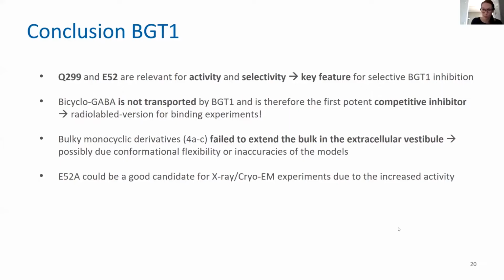So we already have a collaboration, and this is already ongoing. So hopefully soon there will actually be a structure. And once we have a structure, we hopefully know how the 3D structure of that insertion is.